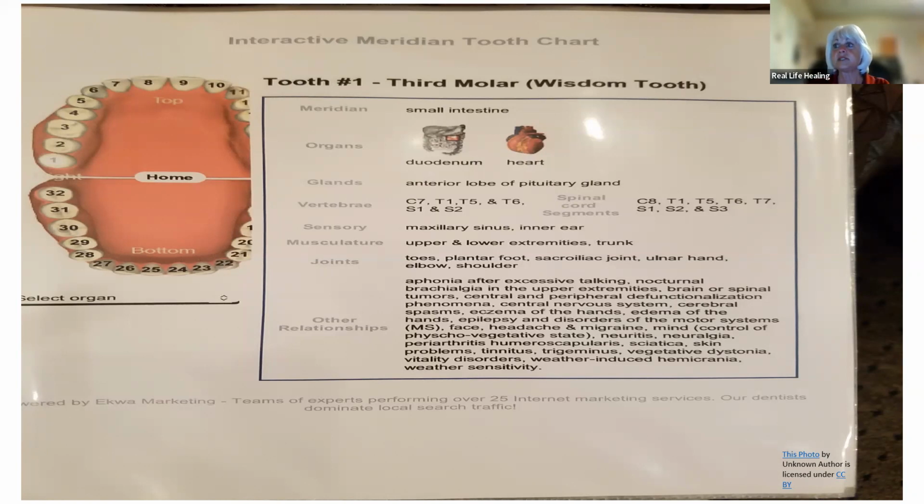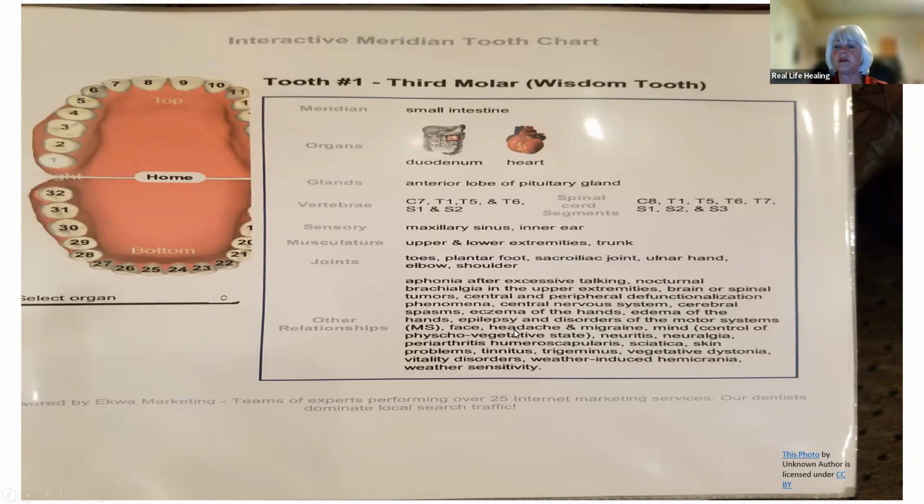For instance, with this one, you can look at the glands it goes with, the organs, the meridian, even the vertebrae. Think about the vertebrae in our neck and our spinal column. Our joints. Did you know that your toe, your plantar foot, your joint, your hand, your elbow, your shoulder are all connected to number one tooth?